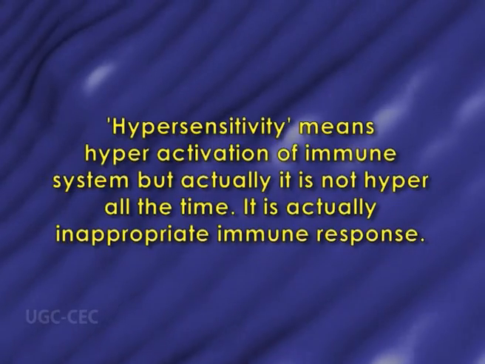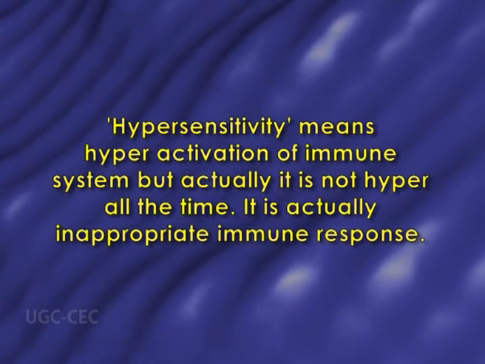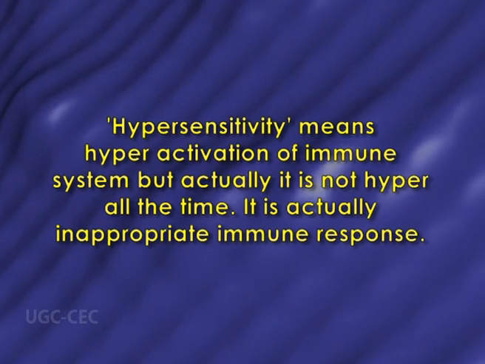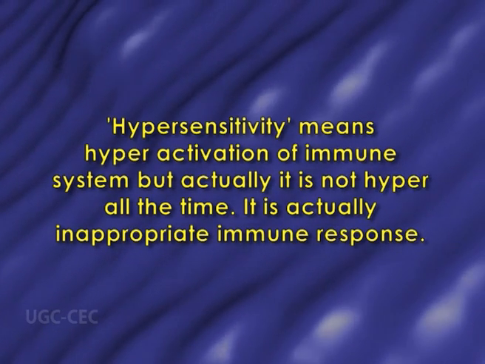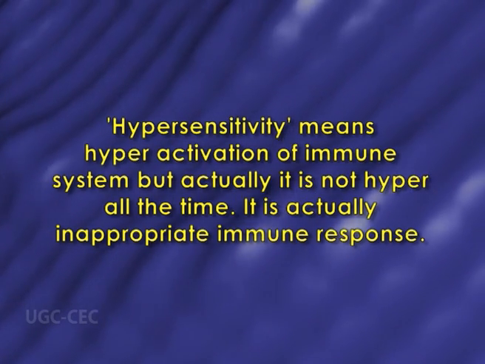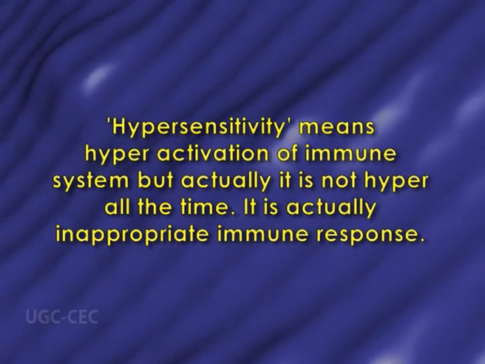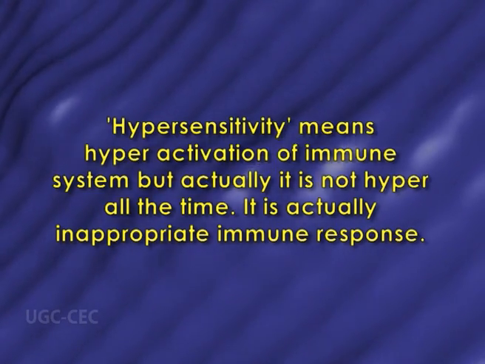So, today we learned that the word hypersensitivity means hyperactivation of the immune system, but actually it is not hyper all the time. It is actually an inappropriate immune response. We also studied different types of hypersensitivity. There are 4 types of hypersensitivity. 3 of them are mediated by antibody and the 4th type is mediated by cells, the T helper cell.